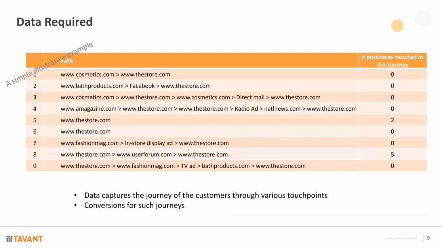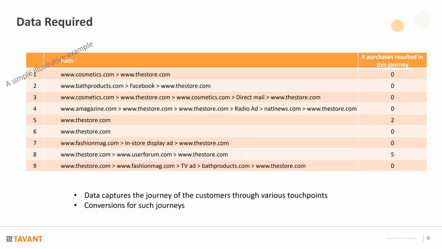Now, in very simple terms, I want to show you what the data should look like. This is more to give you a mental map of what that data would look like in an abstract way. So the path information, which, for instance, here we show moving from website to website, or moving from some magazine to some website to some radio ad, some news site, and so on.